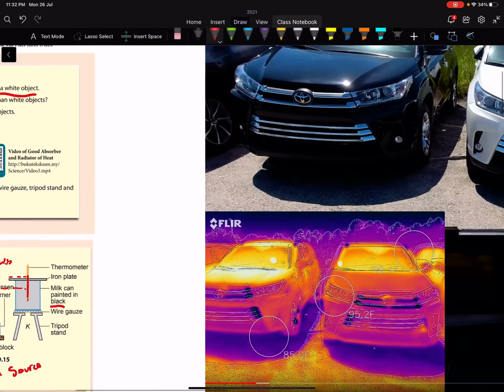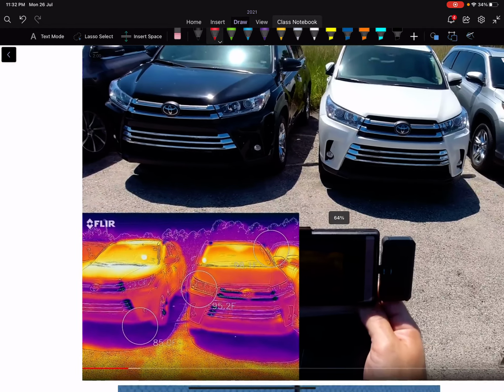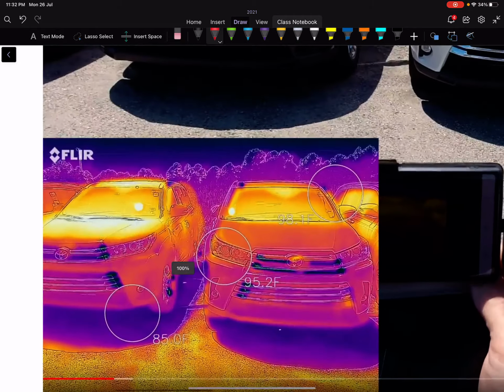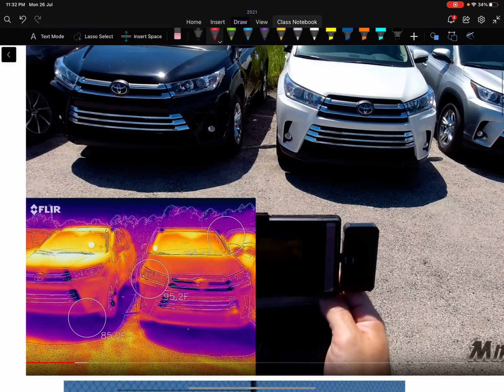Now we can actually visualize this using technology. This is a FLIR camera system where it detects infrared light, and it will actually see basically heat vision for your surroundings. So have a look at this. This car over here is obviously the white one, and this car over here is the black one. So you can see the bright spots over here.